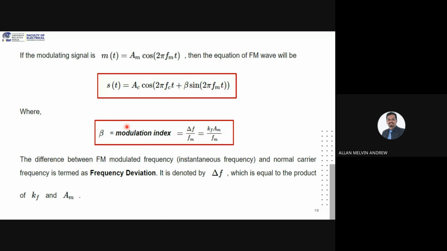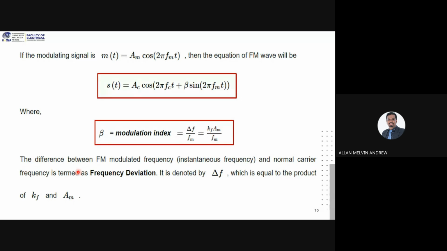We know the modulation index for FM is the change in frequency over the modulating frequency, which gives kf Am over fm. It depends on the questions later. If the question asks you to calculate the modulation index, you just replace into this formula to get it. You don't need to derive. Derivation is only for your understanding.